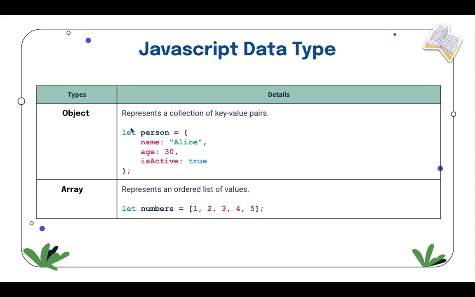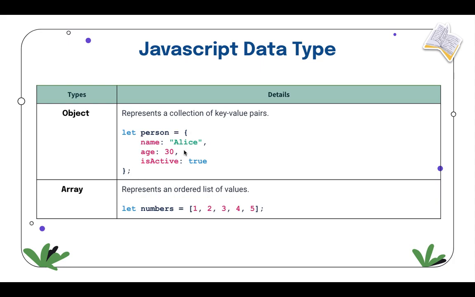Now it is non-primitive data types, which are somewhat advanced. Two more data types are object and arrays. So what is an object? Let's suppose you want to store one single person's data like their name, age, occupation, hobbies. This will not be stored using one variable, but it can be stored using an object.